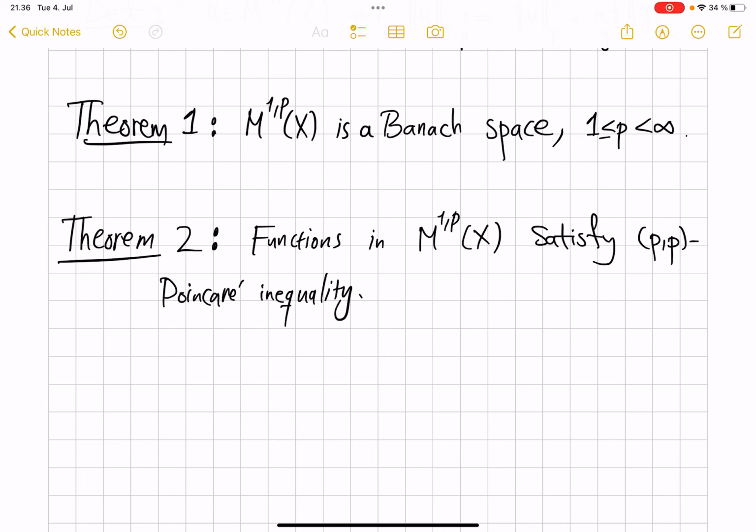And what does that mean? I'm also consulting the book by Heinonen, Lectures on Analysis on Metric Spaces, which is a very famous book and very beautifully written, by the way. I really recommend reading it. One thing I love about this book is the short chapters, which encourage you to read them in one sitting.